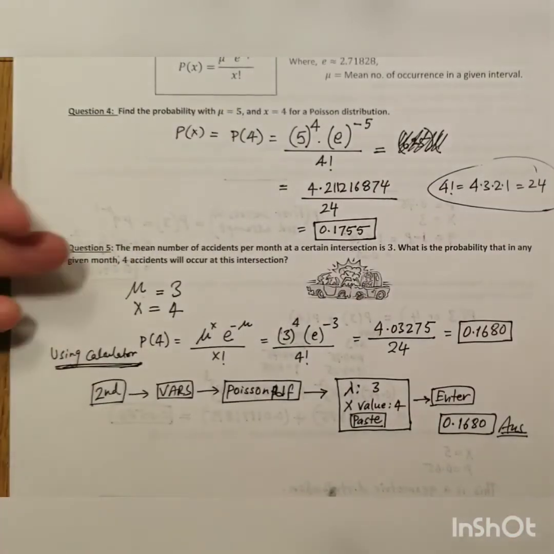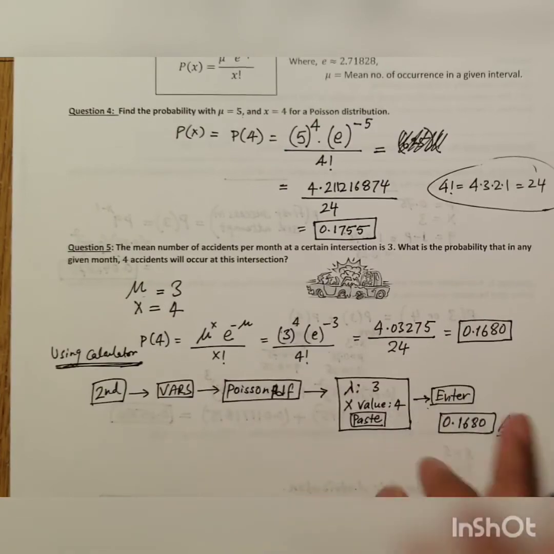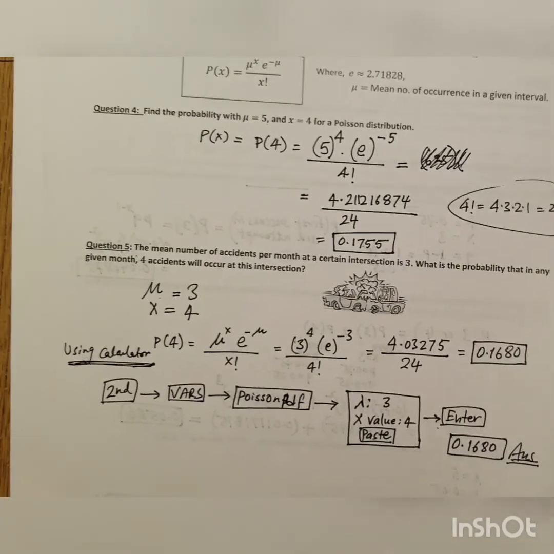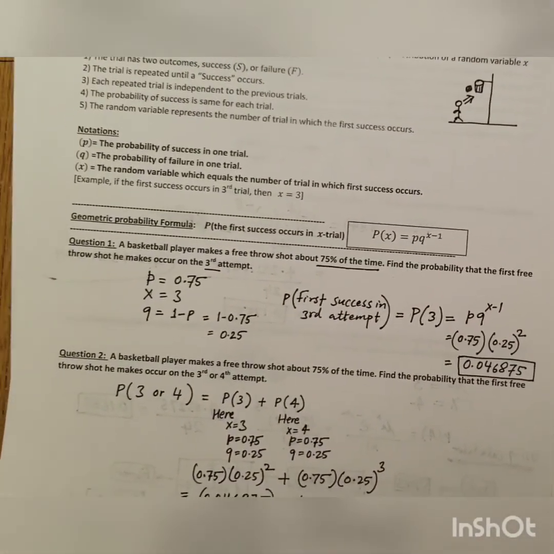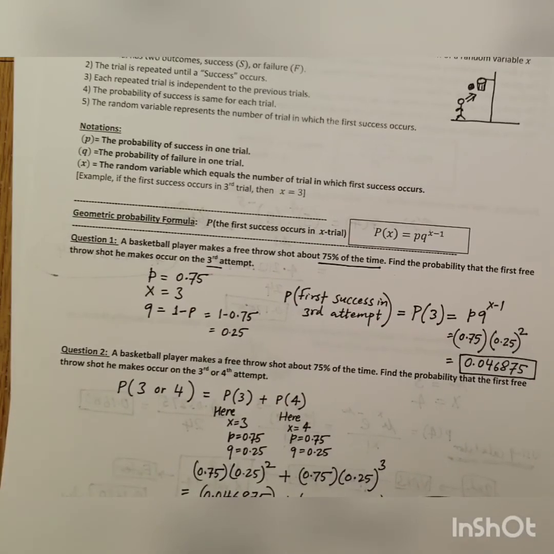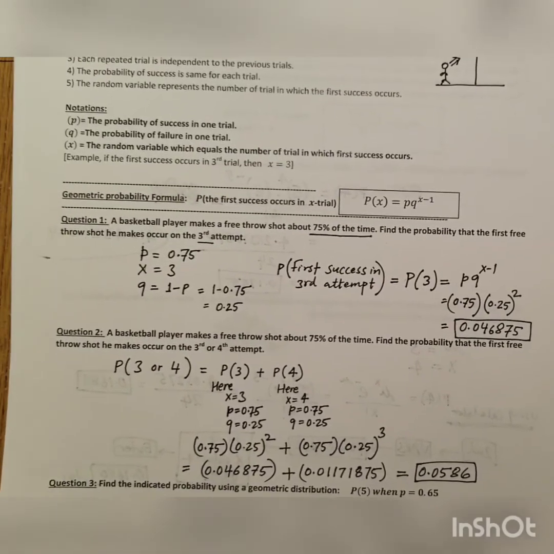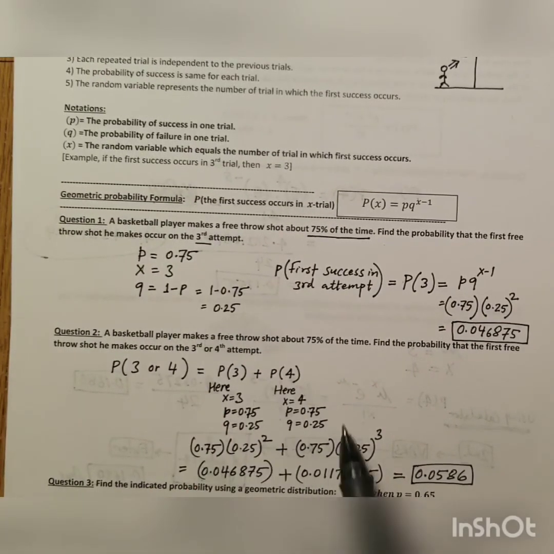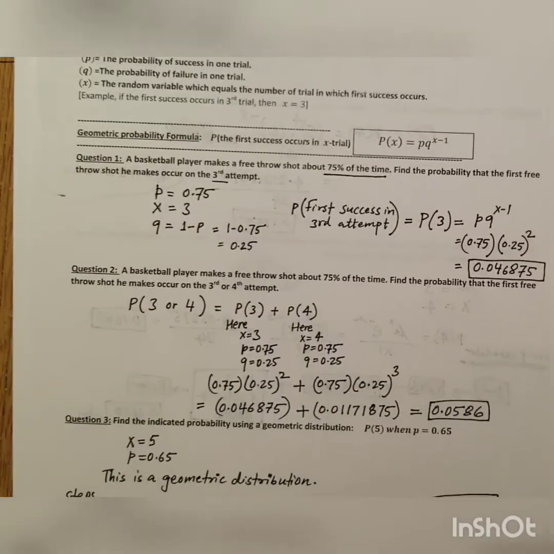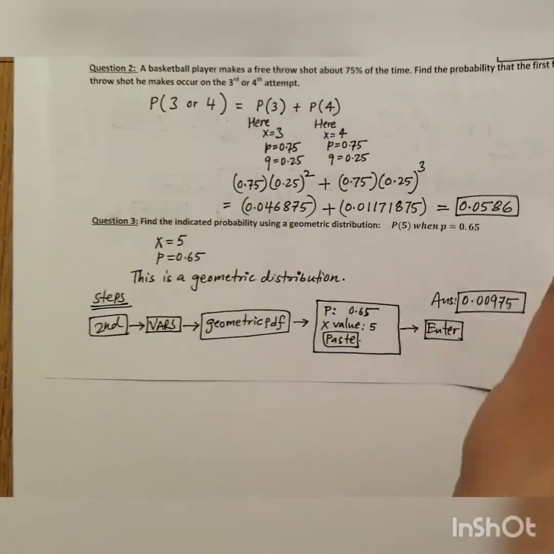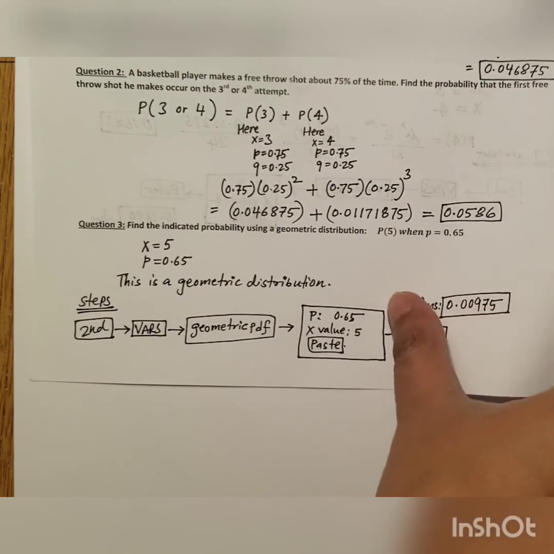Okay, so that's how we use the calculator, and we use the formula to find the Poisson distribution. So this lecture was about Poisson distribution and geometric distribution. Now we are done with both. For this lecture, you don't have any homework, but please make sure that you understand how to do these questions, how to use the geometric distribution formula, and how to use the calculator to solve them.